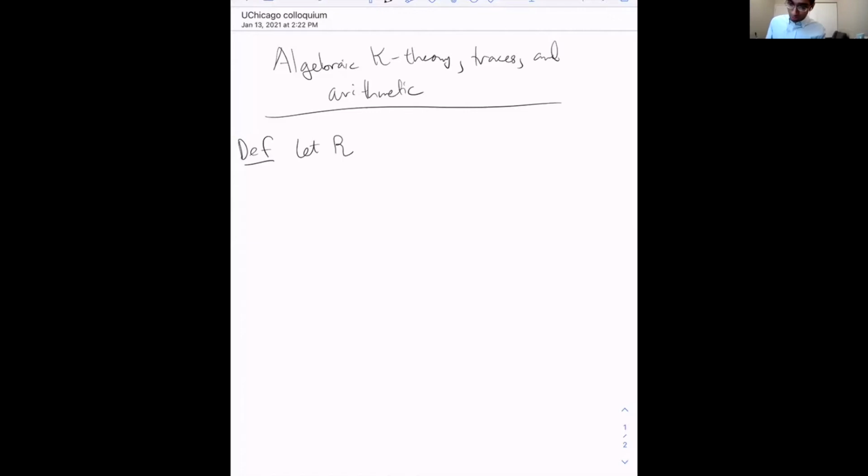Okay, so let R be a ring. Then we define K0 of R to be the Grothendieck group of the category of finitely generated projective R modules.